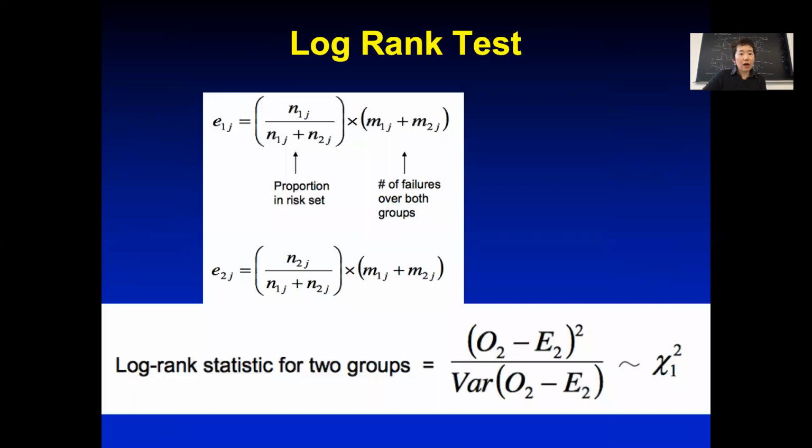And you can calculate the proportion at risk depending on your total number of patients in group 1 versus group 2, and the number of death events in group 1 versus group 2. You can calculate your observed subtracted by the expected, and then see how much variation you have in the two groups over time.